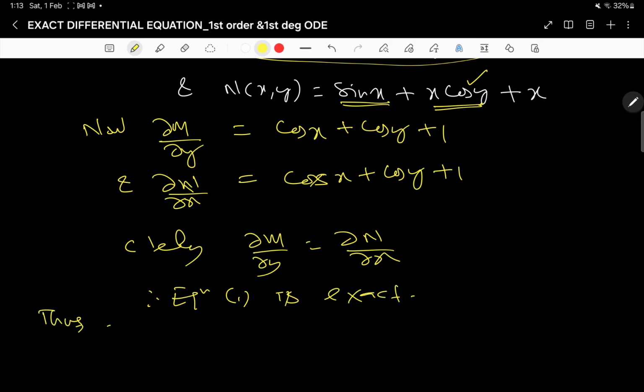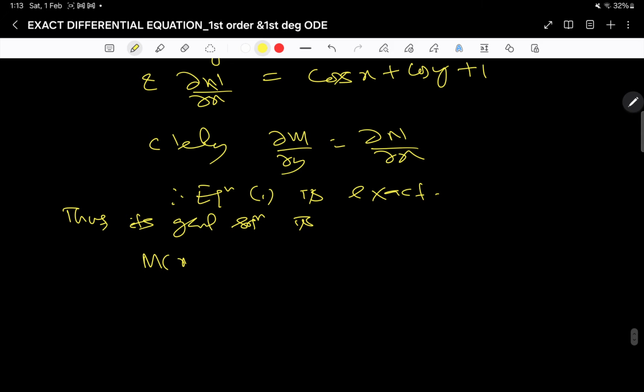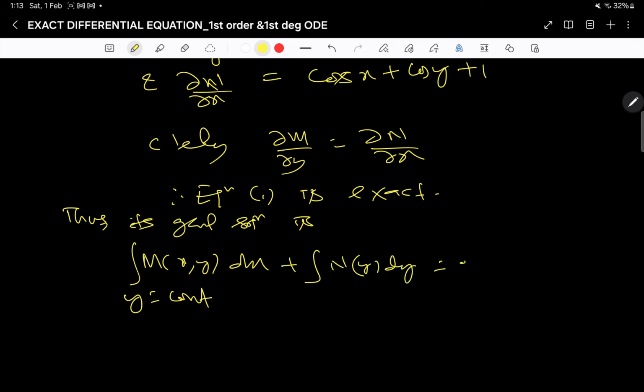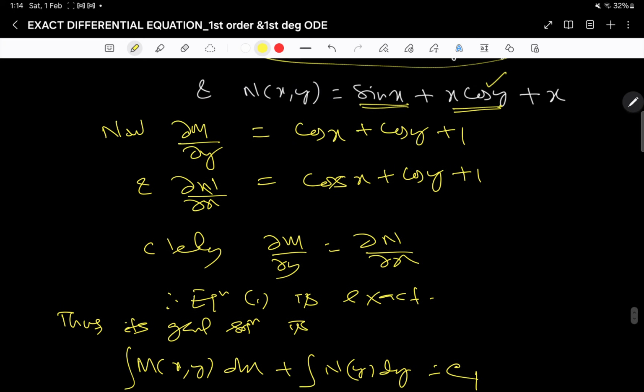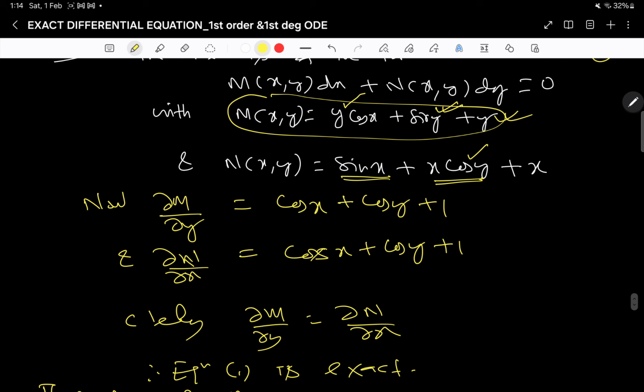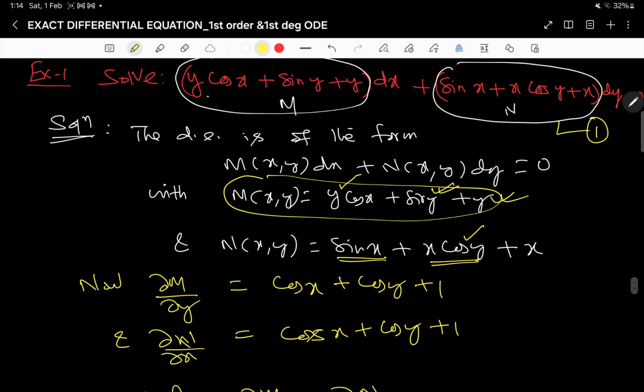Thus its general solution is integration of M dx, treating y as constant, plus integration of the terms of N free from x, dy, is equal to c1. Now you see, M dx, you integrate it with y constant.